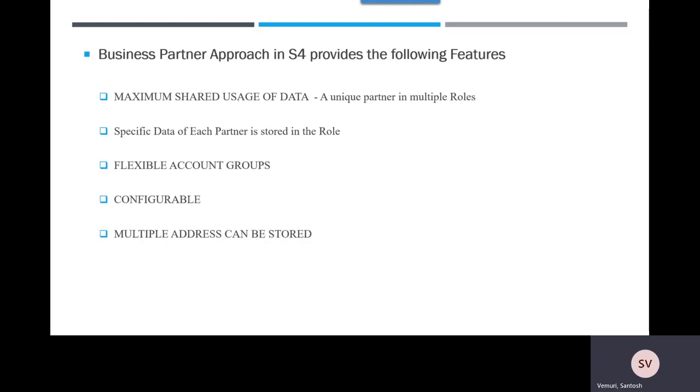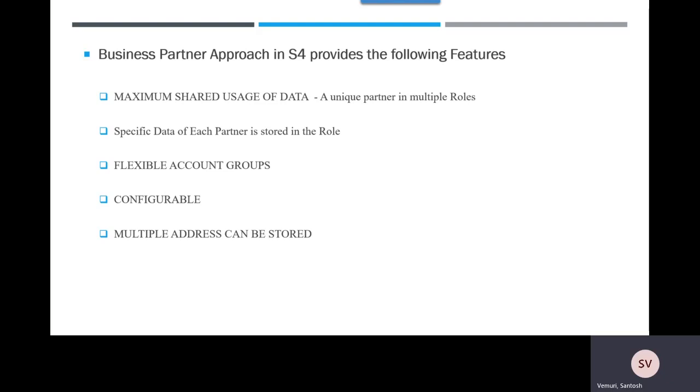And multiple addresses can be stored here. The main difference between the ECC customer or vendor and the S4HANA business partner is that in my ECC system, I have to maintain only a single address, or I have an option for an international address maintenance. But in the S4HANA system, I can maintain an address for my office purposes or commercials, a correspondence address, a vacation address, or a bank address.